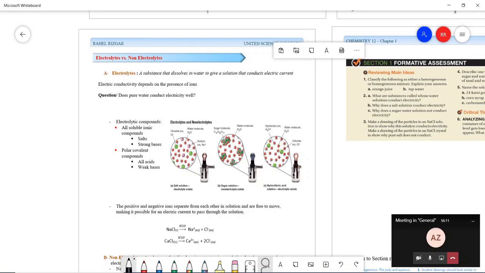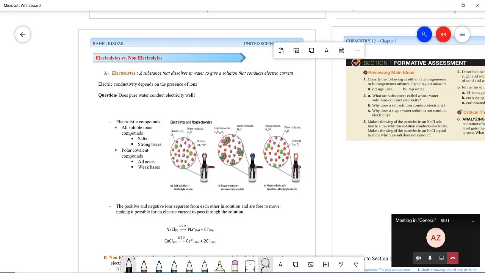Now, there are two types of solutes which make solutions. They are either electrolytes or non-electrolytes. What does electrolyte or non-electrolyte mean?